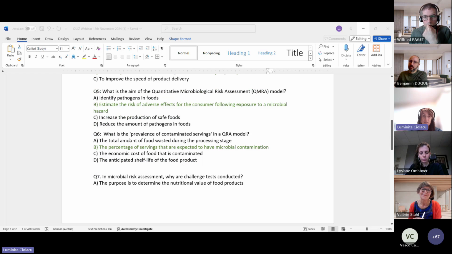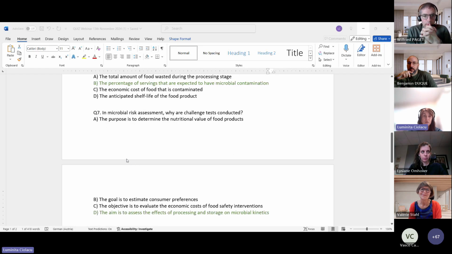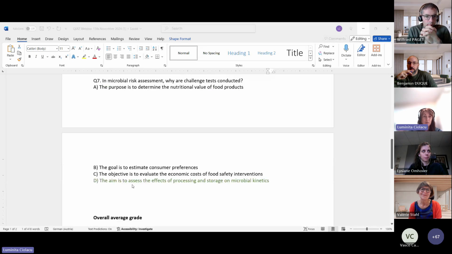For question 6, what is the prevalence of contaminating servings? The correct answer is the percentage of servings that are expected to have microbial contamination. And the last question, in microbial risk assessment, why are challenge tests conducted? It needed to be answered with: the aim is to assess the effects of processing and storage on microbial kinetics. So those were the correct answers we were waiting from you.